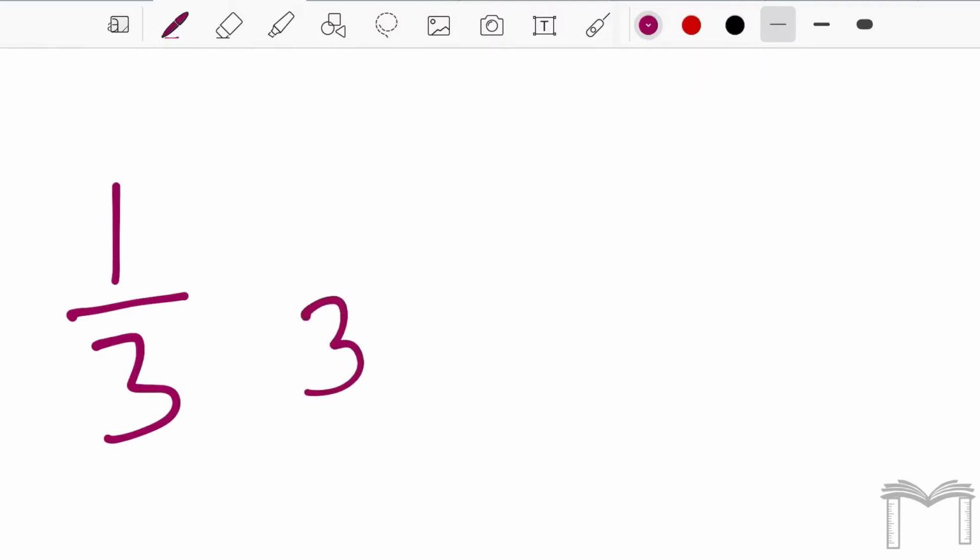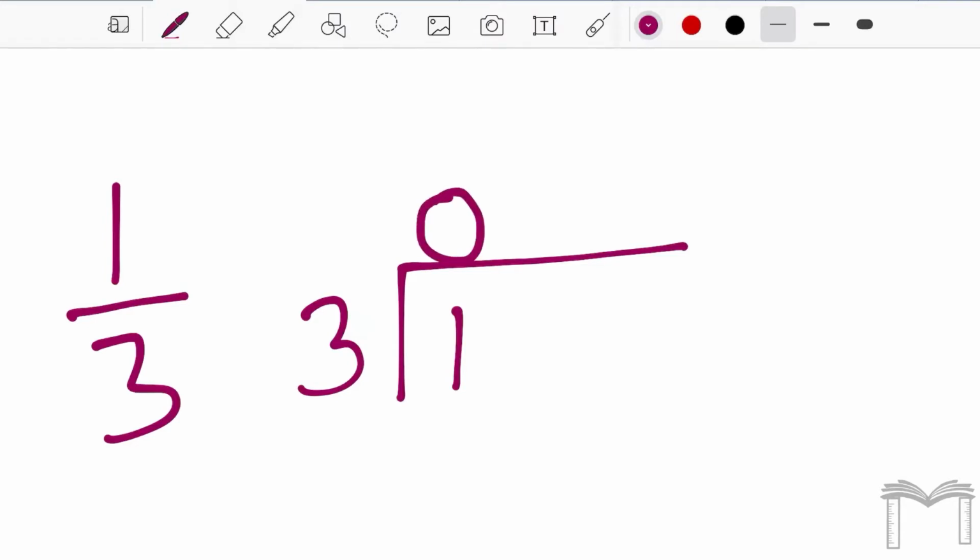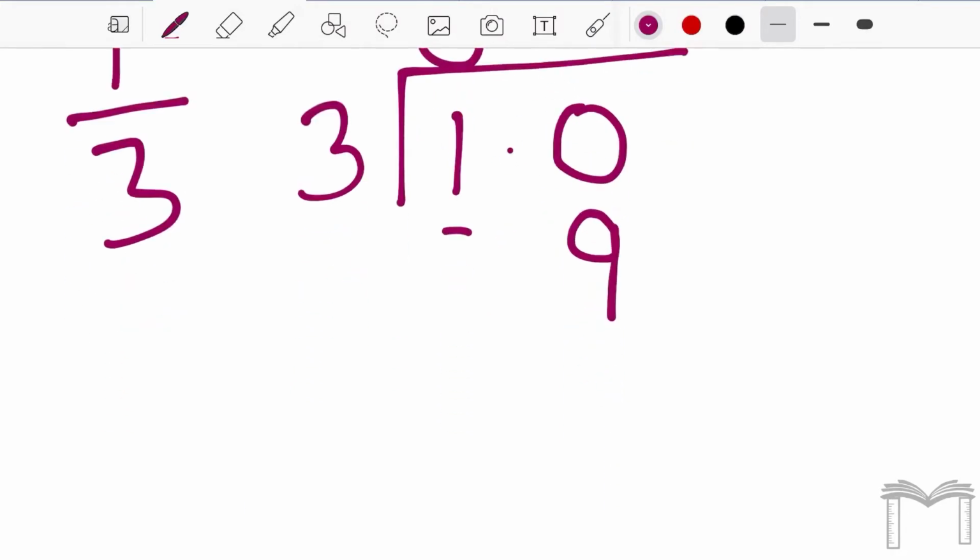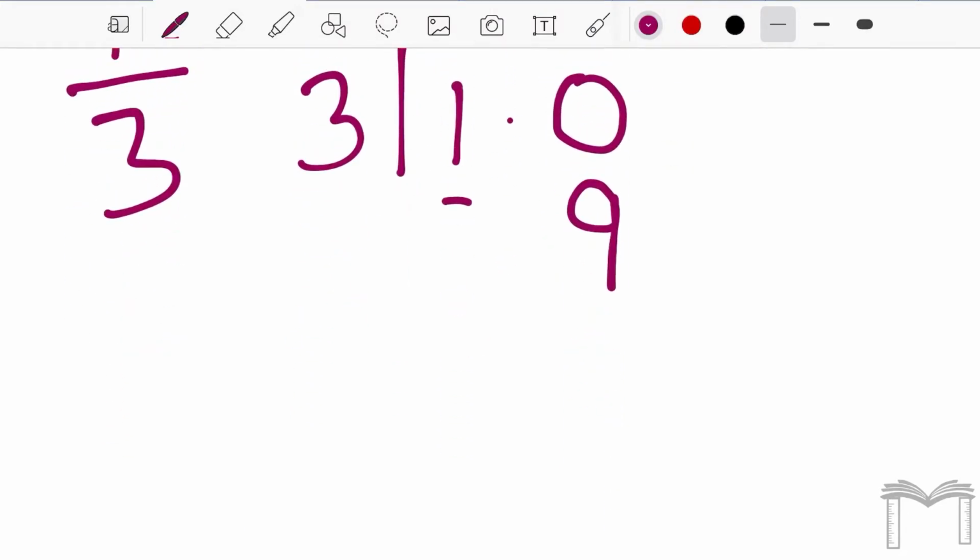So that's 3 into 1, or 1 divided by 3. 3 into 1 is 0. We must now put a decimal point both in the dividend and the quotient. Add a 0. 3 into 10 is 3. 3 3s are 9. Take away, we will get 1.